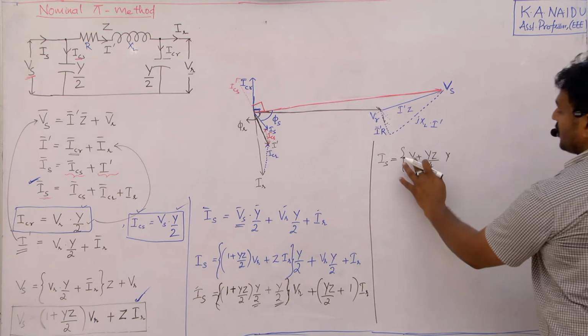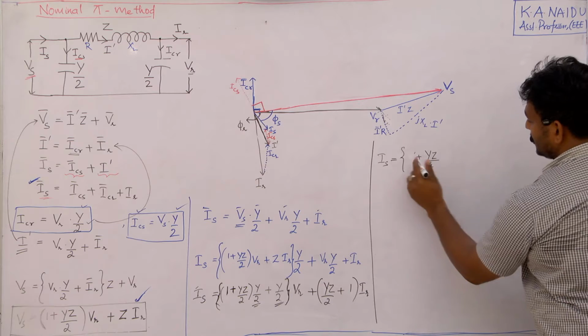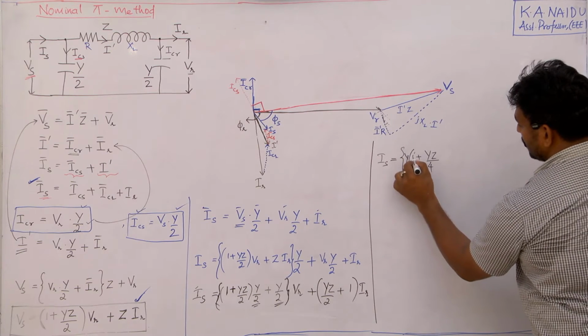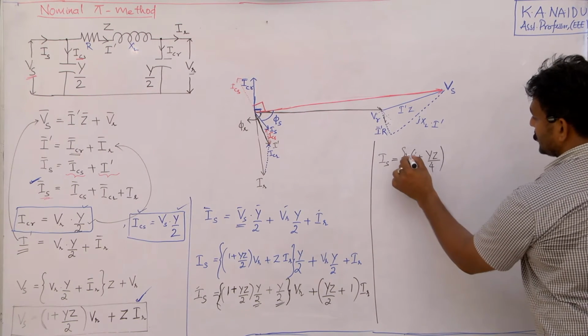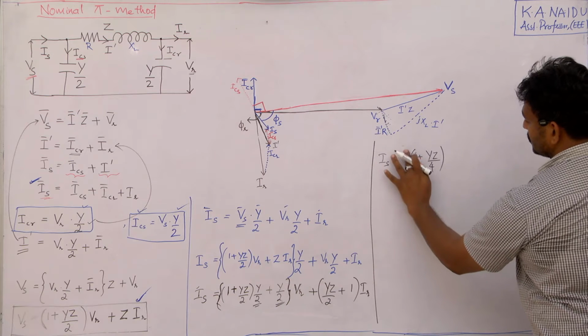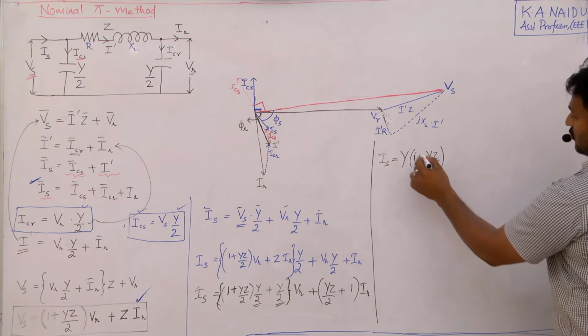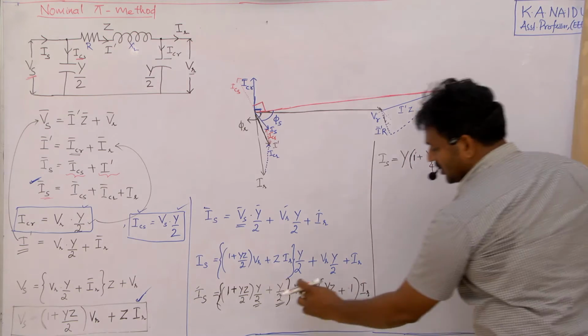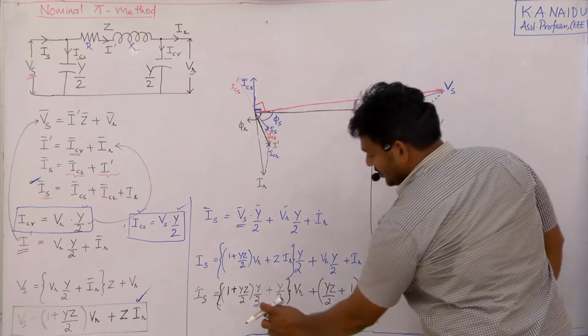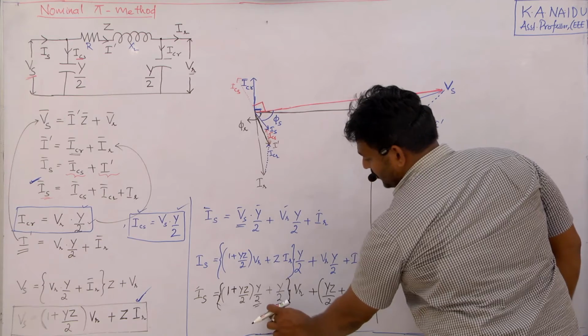If you take out y common from this, you will get y into 1 plus yz by 4. See, here there is 1 y by 2, here there is 1 y by 2, y by 2 plus y by 2 will be y.